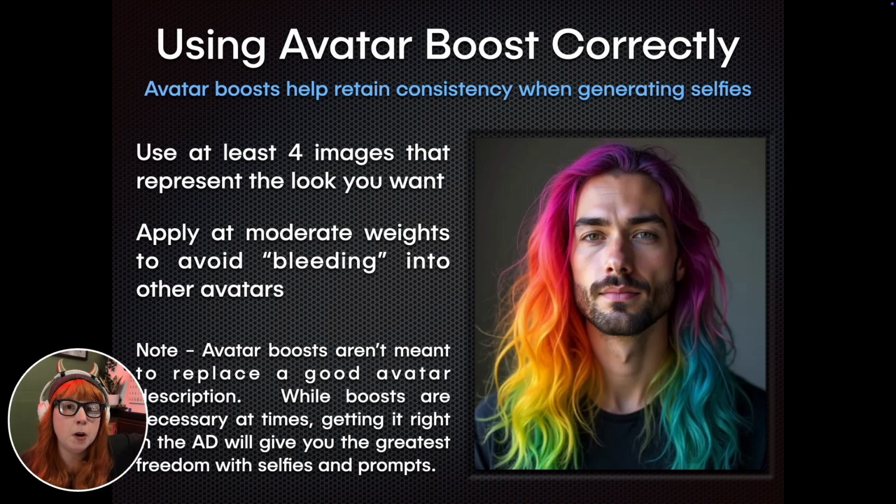But the second I put a boost on her, she starts bleeding into anyone else in the image. So I end up with the branches on the hair, and large alien type eyes, and she will in turn take on more human flesh features rather than her bark skin that she's supposed to have.